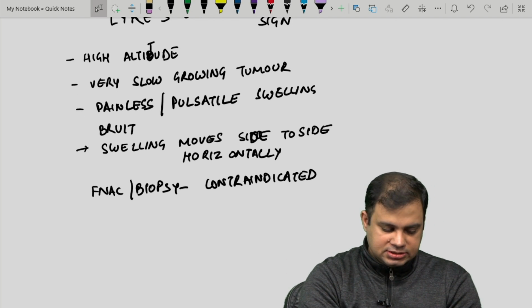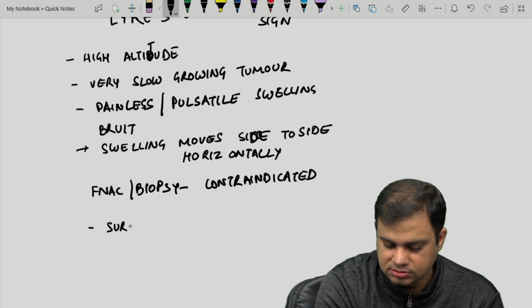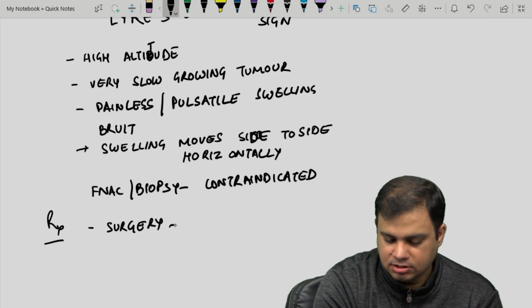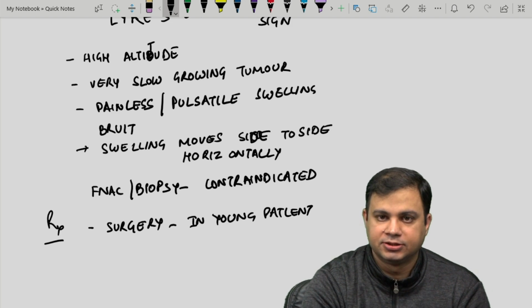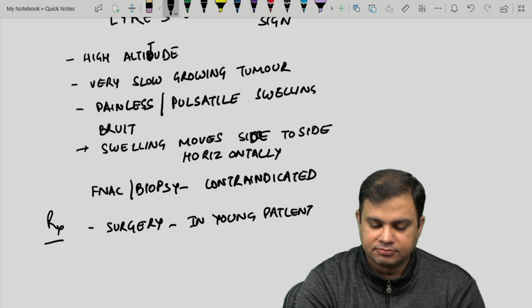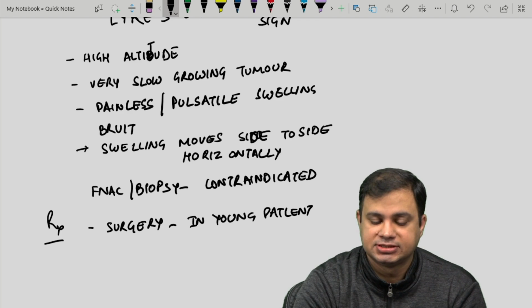And if the patient is young, we have to do surgery, that is excision in young patients, whereas in the elderly we can also use radiotherapy. This is a tumor which is highly vascular, so that is why we should not do FNAC or biopsy.